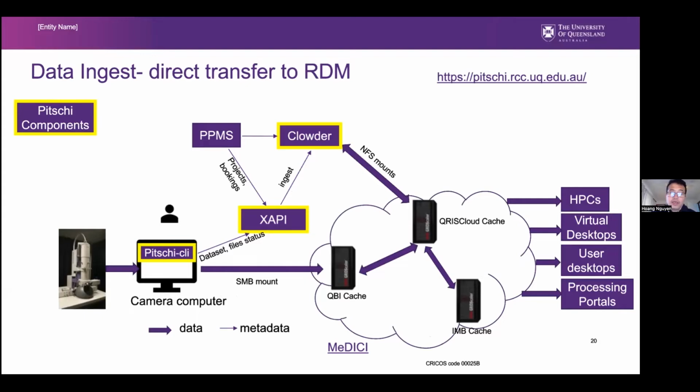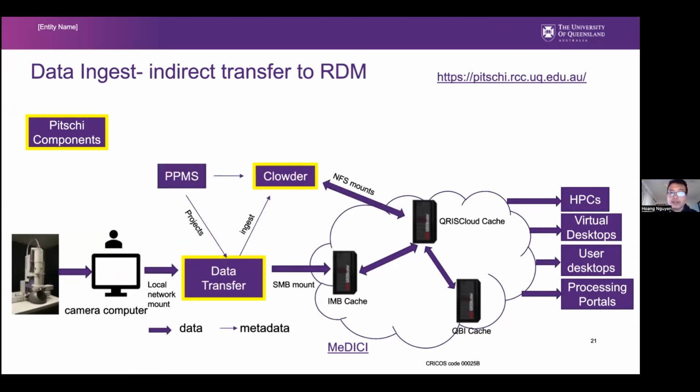We install a program called Pitschi client on the camera computer together with tracker, and when the user logs in, the Pitschi client coordinates the file transfer and registers the files and datasets to an API, which is then used to ingest into the cloud later on.